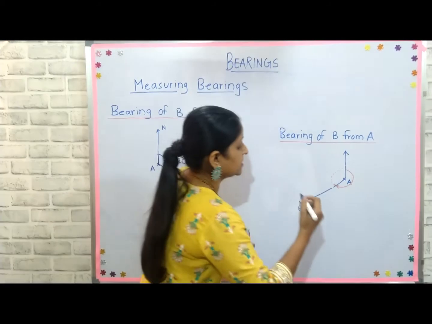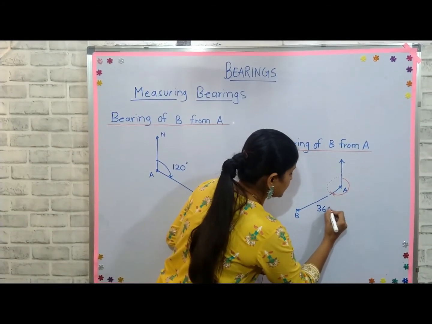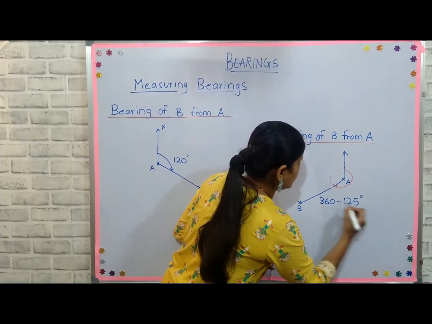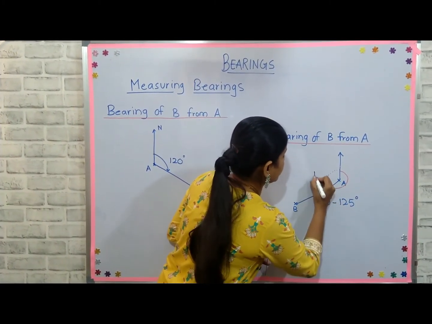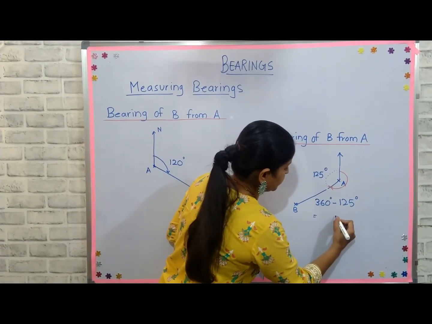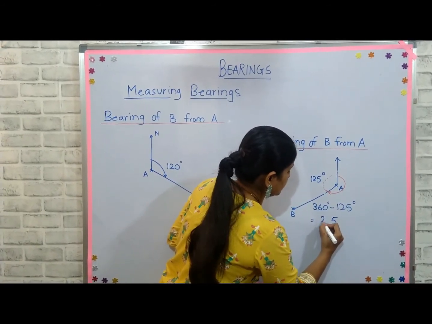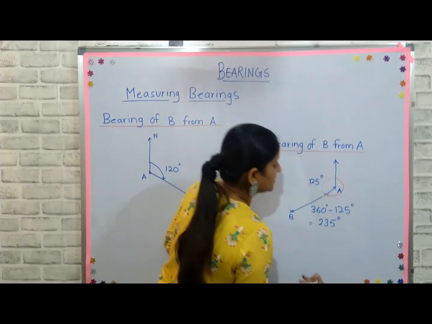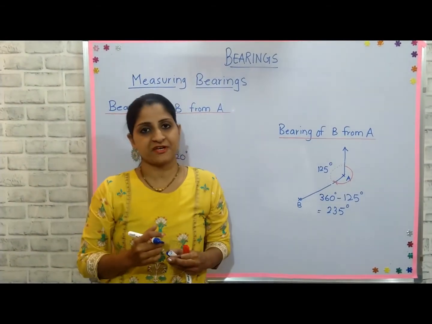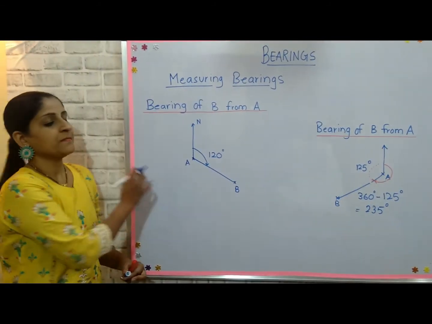So to get the real bearing in a clockwise direction, we calculate 360 minus 125 degrees, and our answer would be 235 degrees. So the clockwise bearing is 235 degrees. This is how we learn to measure bearings.